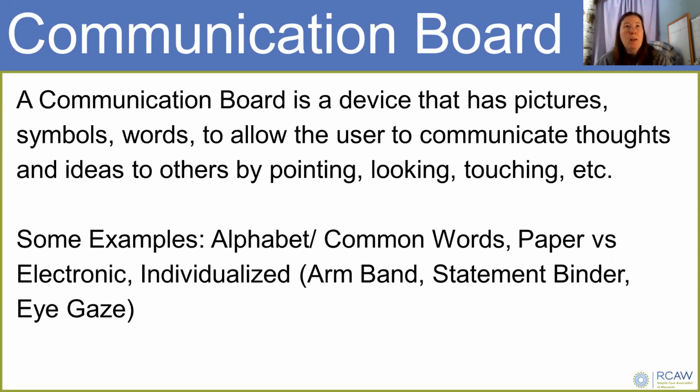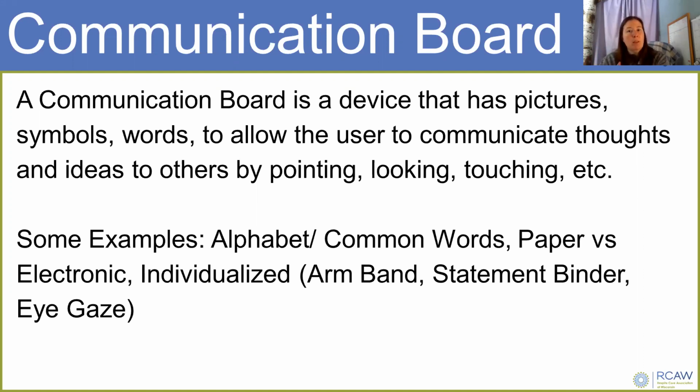I had worked with one individual, she had a binder of statements, like hundreds and hundreds of statements. And then she had a clear board that was attached to the front of her wheelchair, and she could look at a combination of numbers, and that would relate to one of the statements in her book. So whether it was a question she was asking, she had all those statements memorized with the number, she told you the number, and that's how she communicated.